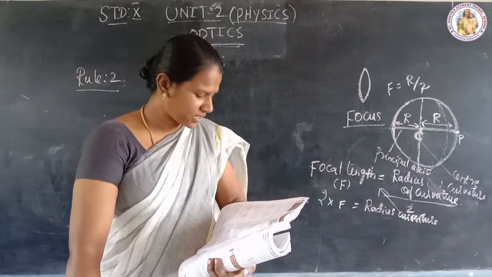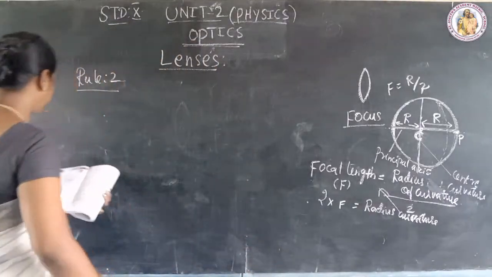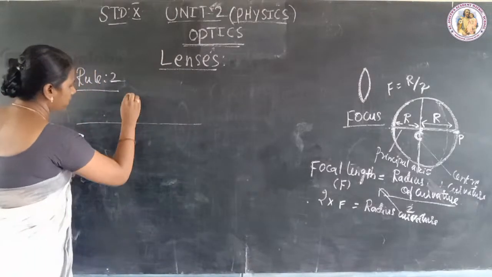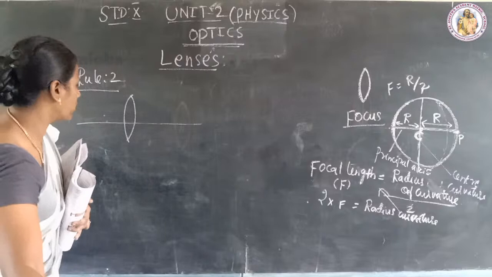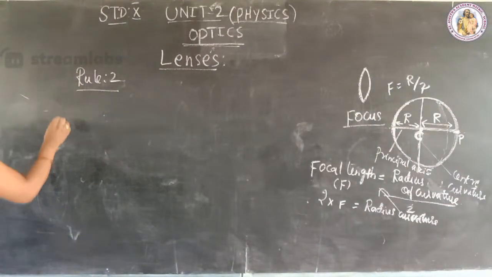That means in a convex lens, the refracted rays converge, and in a concave lens, they diverge, appearing to come from the principal focus. Okay, so here this is the lens, concave or convex. What happens in rule 2?